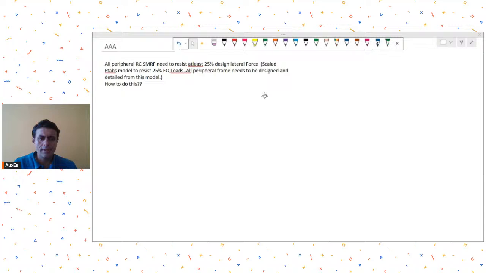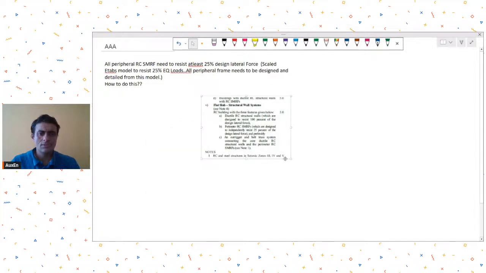I think it is table number 9. Where is it? Dual systems. Where is the 25% clause? Okay, yeah. So flat slab and structural wall system. It is in the flat slab and structural wall system. This provision I think is given.